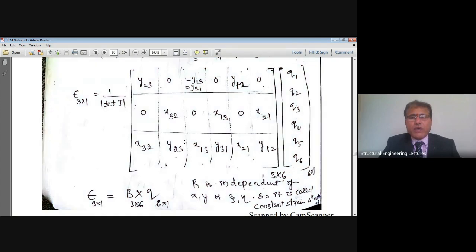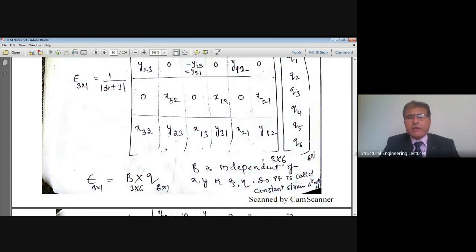Or alternatively, what you can do is, if you know this y23, cyclically you can write here the cross term as x32. Y31, cyclically you can write here, instead of 31 you can say 13, y12, in a cyclic fashion you can add x21, but here you want those cross terms, therefore this x32 you bring and paste here, and you do the same for others. That is how the last row can be obtained.